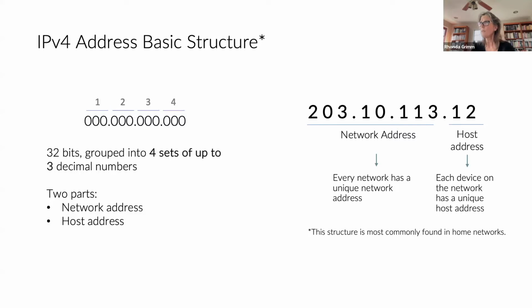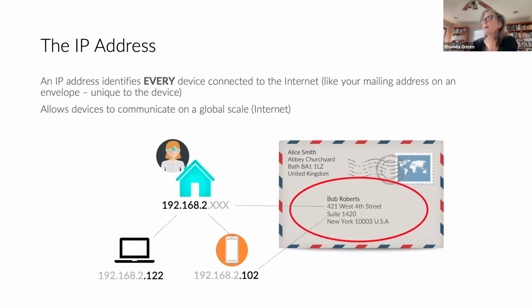In this case, the most common setup you're going to run into is that the first three sets are the network address, and the last set of digits is the host address. Every network has a unique network address, and every device on that network has a unique host address. So the IP address identifies every device connected, and because of these network address schemes, it allows the internet to scale.